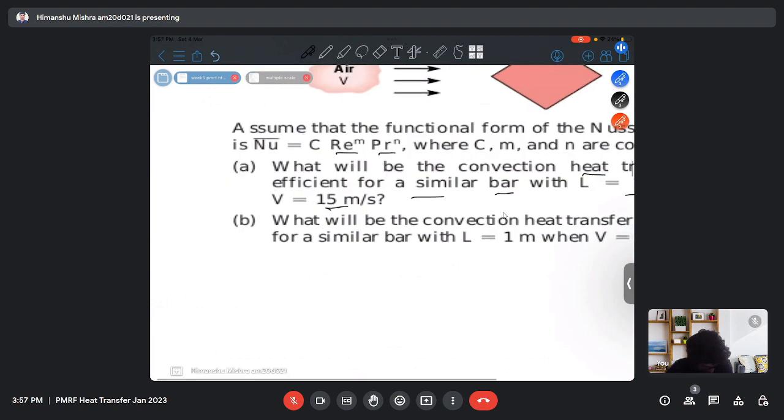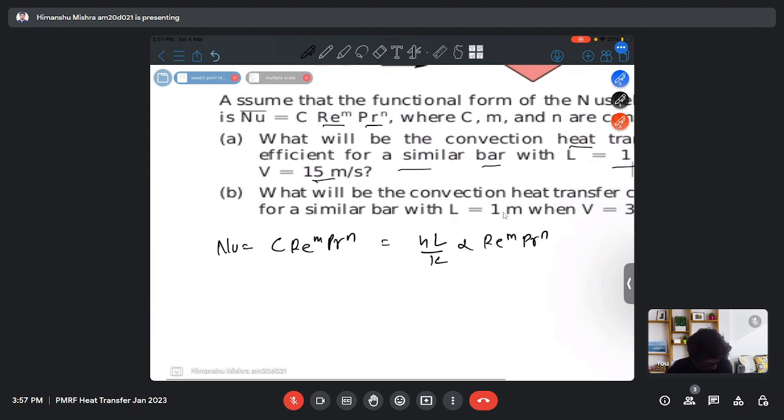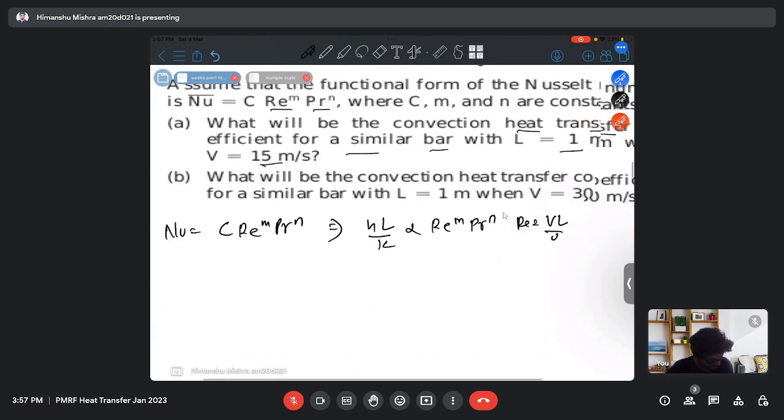So here we have given the Nusselt number in terms of C, which means that HL by K is proportional to Re^m Pr^n. I can write the Reynolds number in terms of VL by nu.